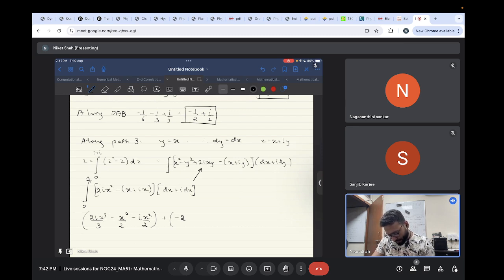So 2x cube by 3 minus i x square by 2. There's a negative sign and i, so plus x square by 2.